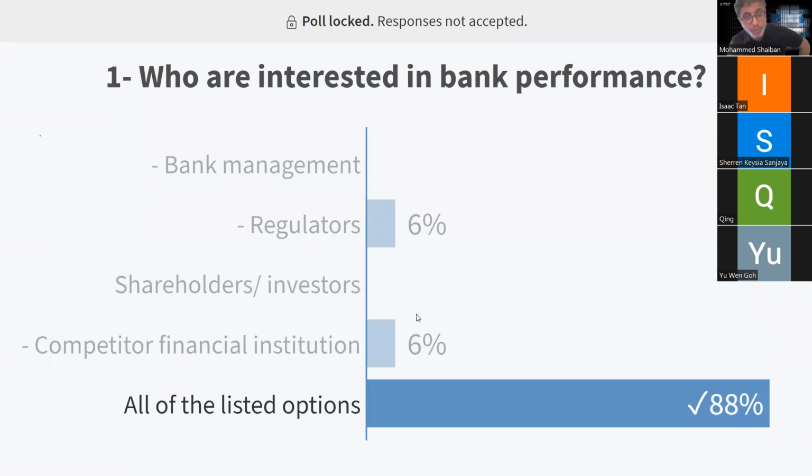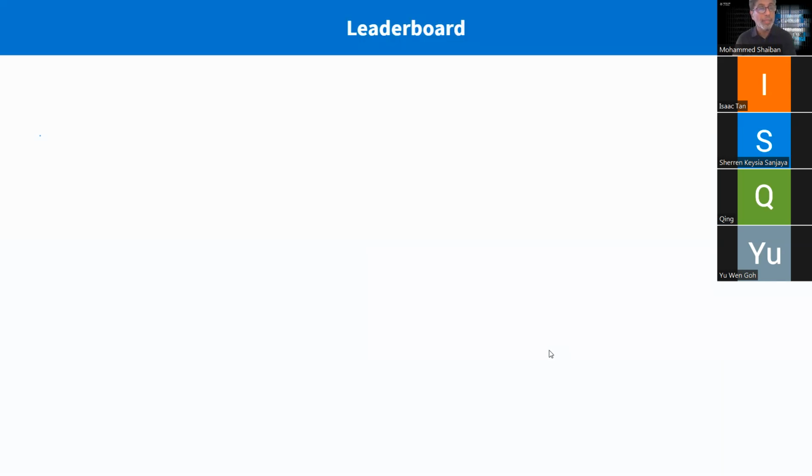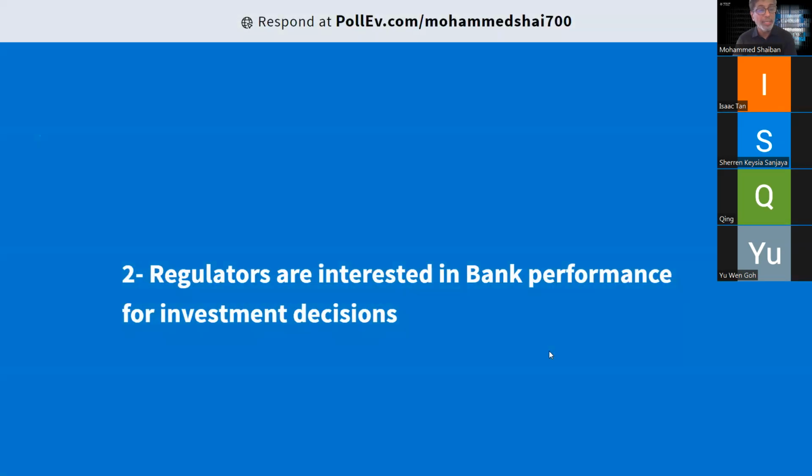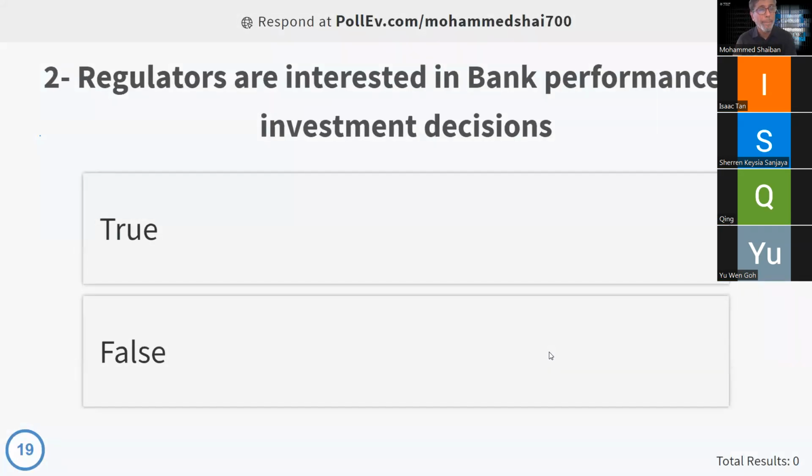In this country we used to have 36 banks before the Asian financial crisis. Now we have only 9 big banks. So the answer is all of the above. Now, regulators are interested in bank performance. Why? To invest in us or to do something else?